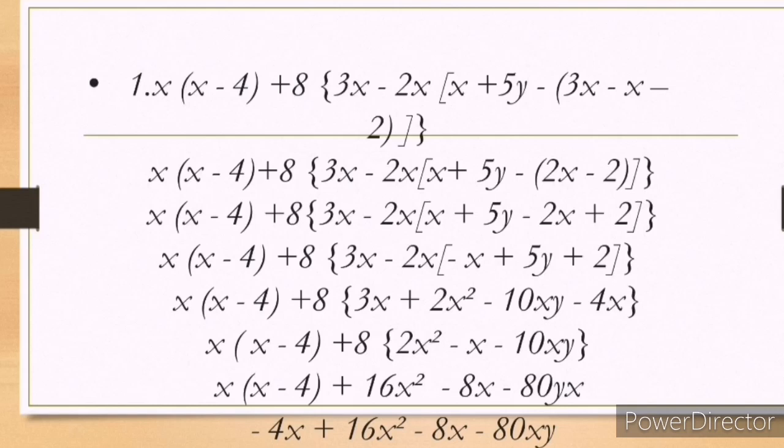Then x quantity x minus 4 quantity plus 8 quantity 3x plus 2x squared minus 10xy minus 4x.